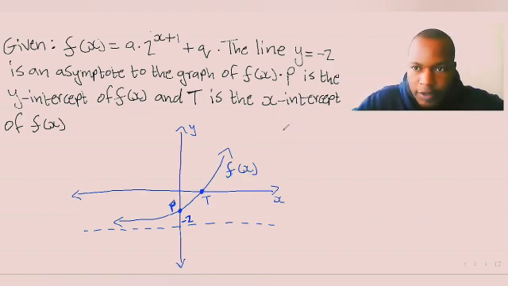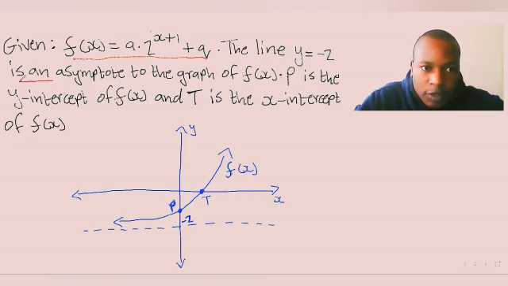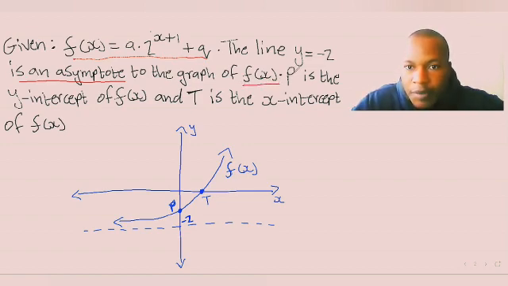So that would be the problem itself. Given f of x equals a times 2 to the power x plus 1 plus q, that would be that equation over there. The line y equals -2 is an asymptote to the graph of f of x. P is the y-intercept of f of x, and t is the x-intercept of f of x.